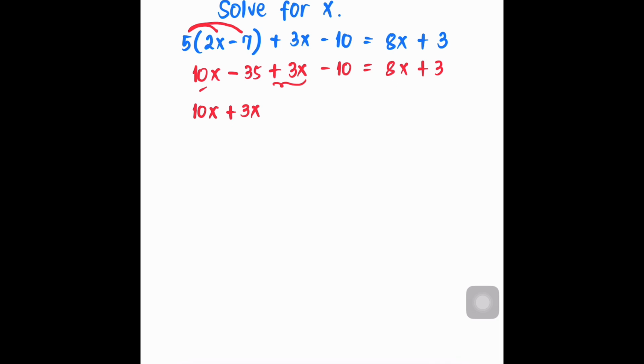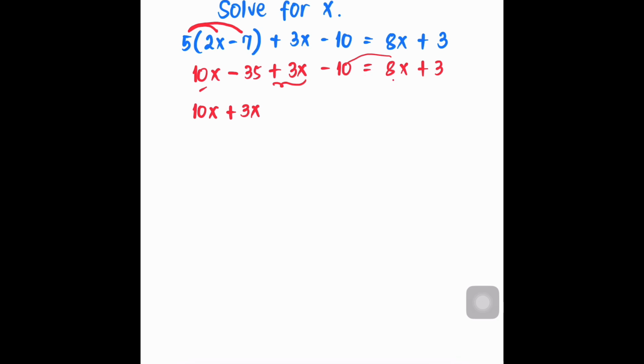If you notice, there's one term on the right hand side, which is 8x, right? And that needs to be moved to the left hand side together with 10x and 3x. So as per the rule, once a term jumps over the equal sign, you have to change its sign to the opposite.